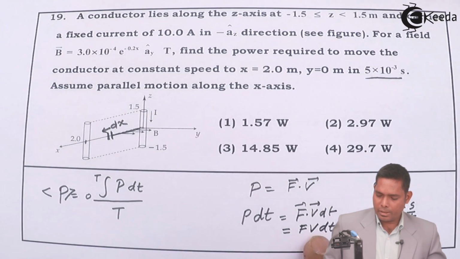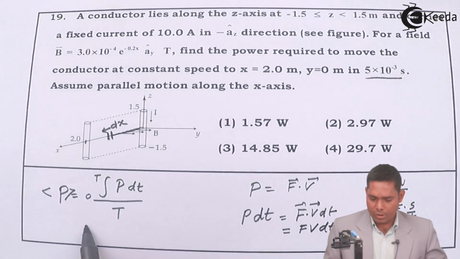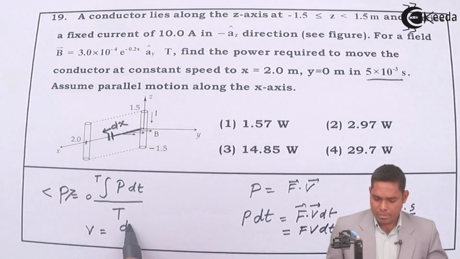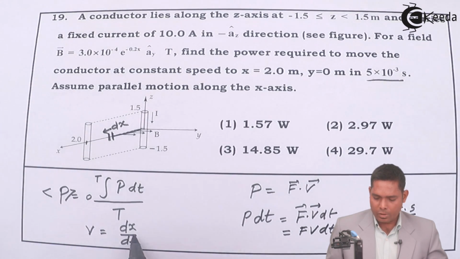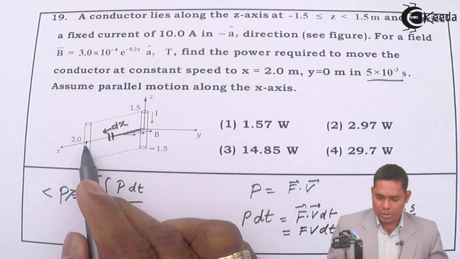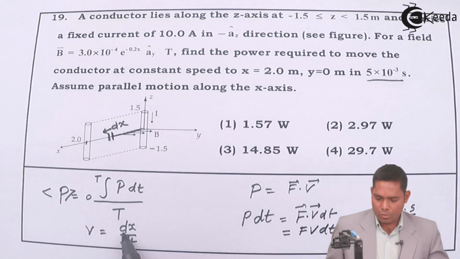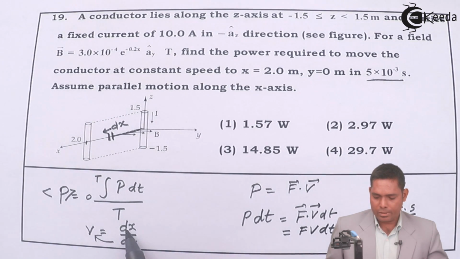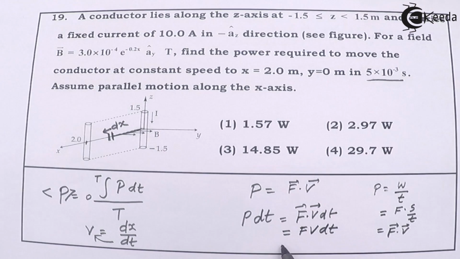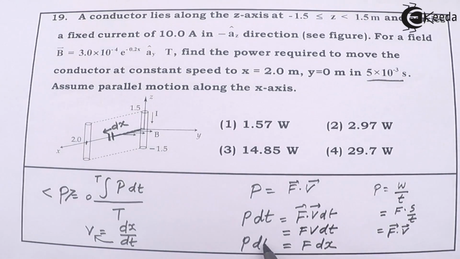So v dt is nothing but dx, because we know that v equals dx by dt. This is the rate at which the conductor is moving along the x-axis. So this is replaced by dx, so it is F dx.